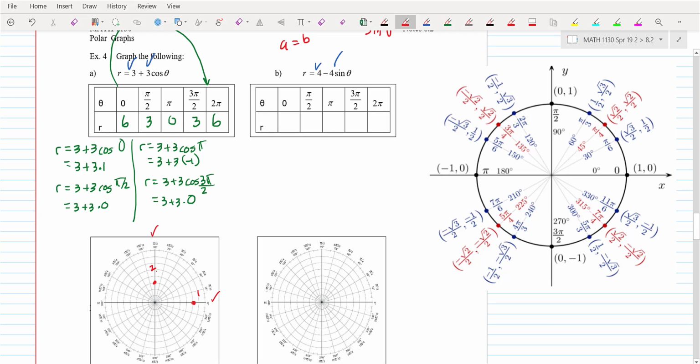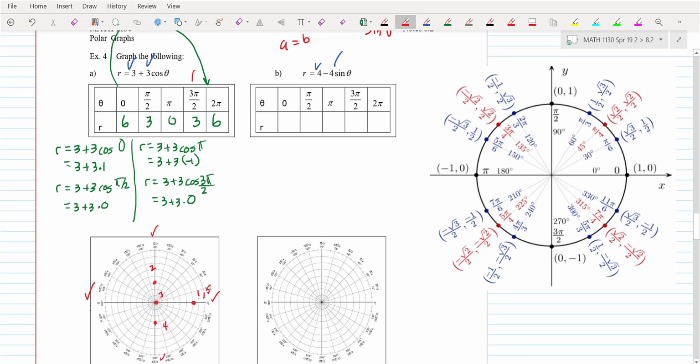So that's your second point. Then you go to pi, 0, so out to pi. Anytime the radius is 0, you're dead center like that. So that's the third point. And then the next one is 3 pi over 2, 3. So you go towards that. That'd be your fourth point. And then we go 2 pi, 6, back to 6 like that.